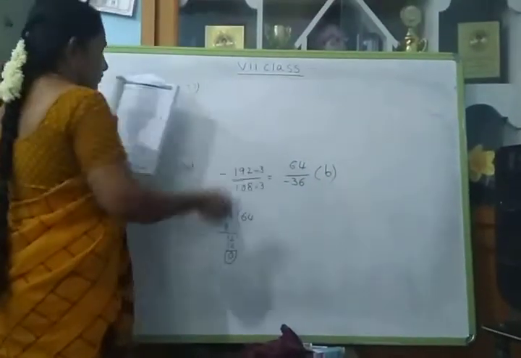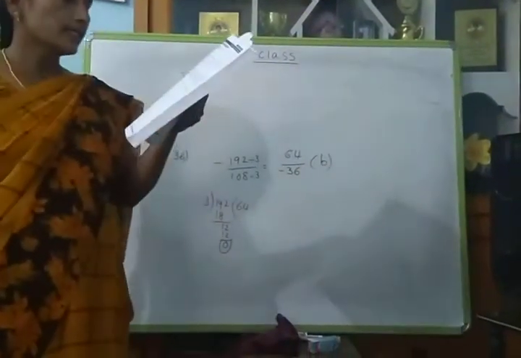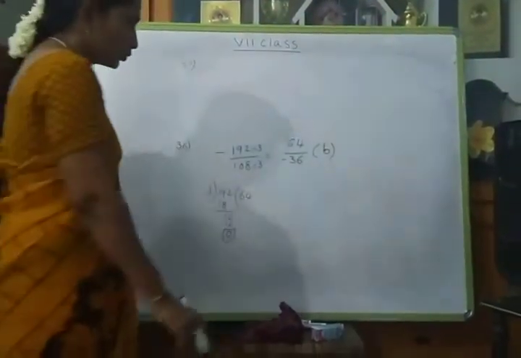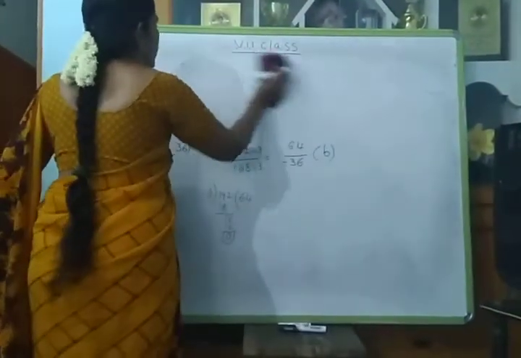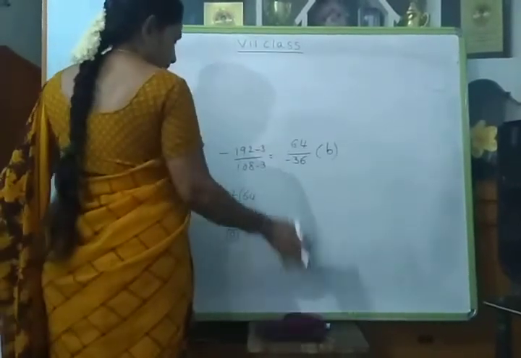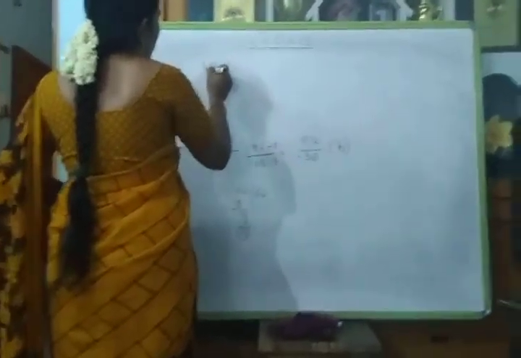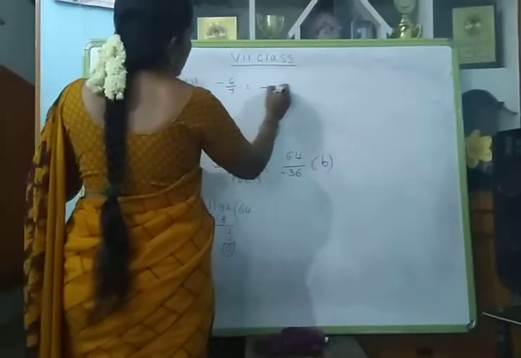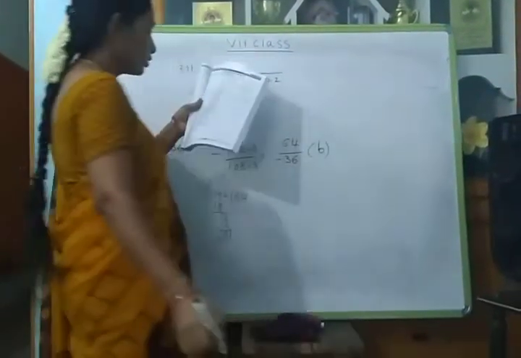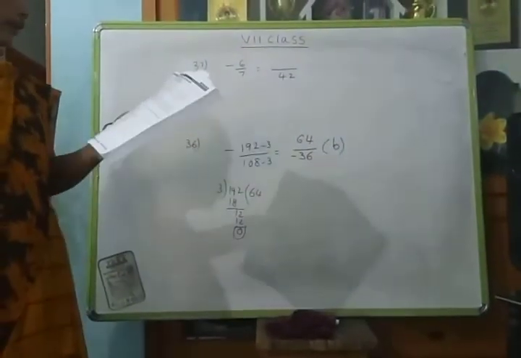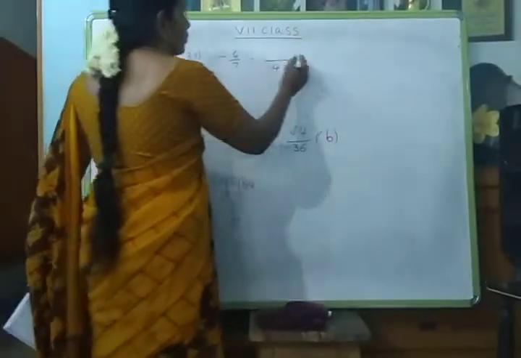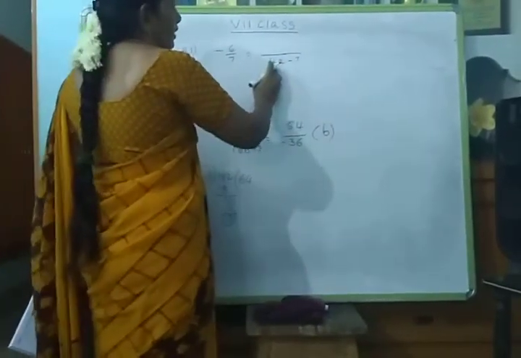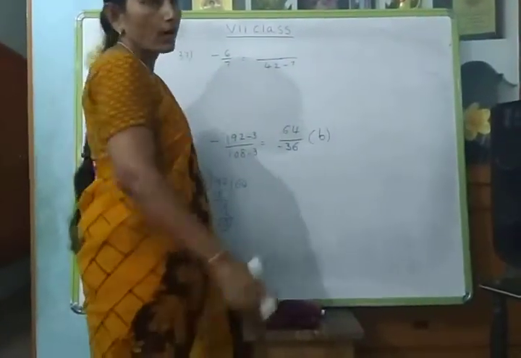37th one, see. The rational number -6/7 with the denominator 42. 42 means if you take the 7 table, divide with 7. 7 how many times? 7 6s are 42, no?